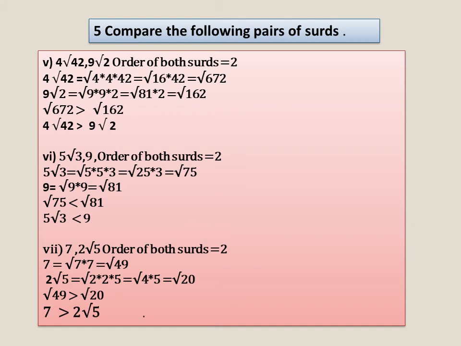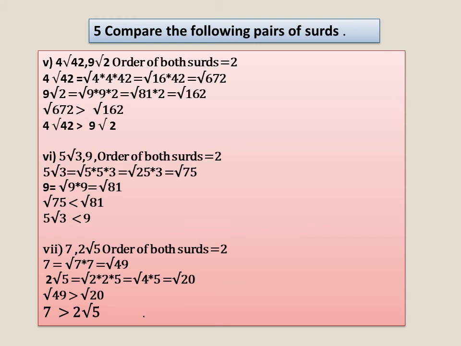Then outside 9, how many times inside? 2 times. 9 into 9 into 2. Square root of 81 into 2. Square root of 162. In 672 and 162, who is greater? 672. Then square root of 672 is greater than square root of 162. Then 4 root 42 is greater than 9 root 2.